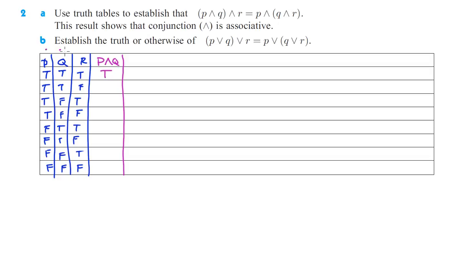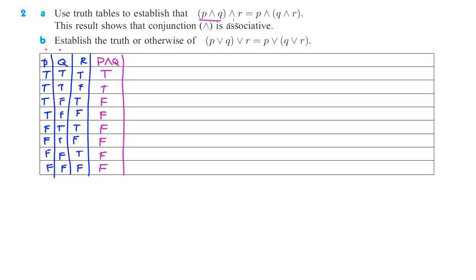True, false is false. True, false is false. False, true is false. False, true is false. False, false is false. And false, false is false. So the only true ones on that are the first two. Okay, so that's this one.